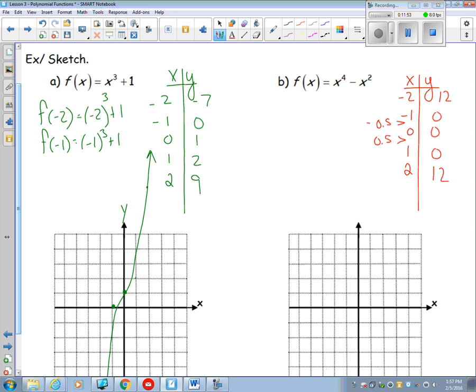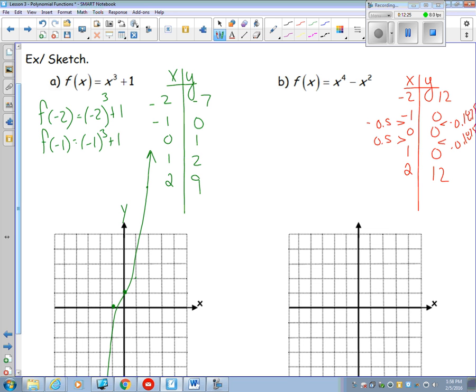Negative 0.5 to the power of 4 minus negative 0.5 squared comes out to negative 0.1875. And if I try the regular positive 0.5 one, 0.5 to the power of 4 minus 0.5 squared, here I get, hey, I got the same number, 0.1875, and that's a negative.